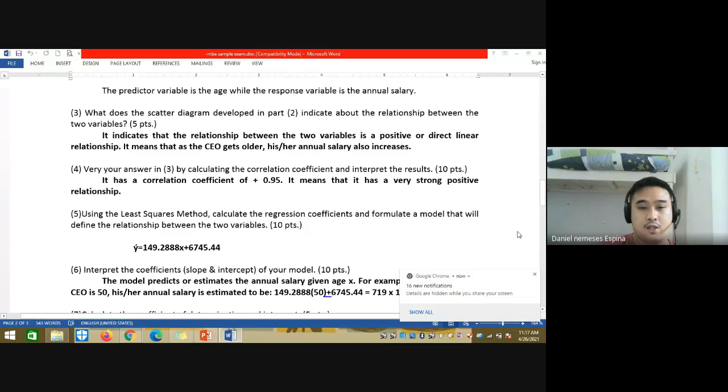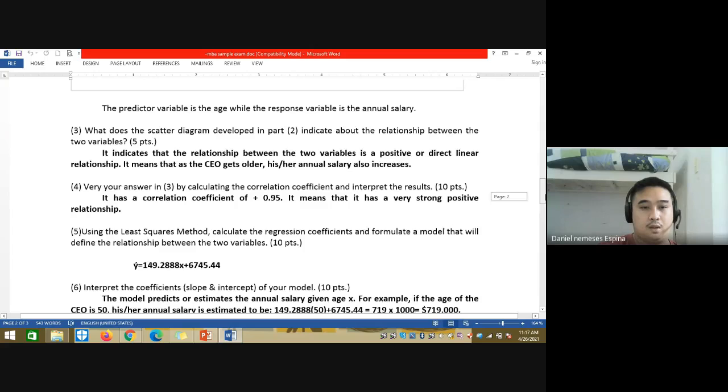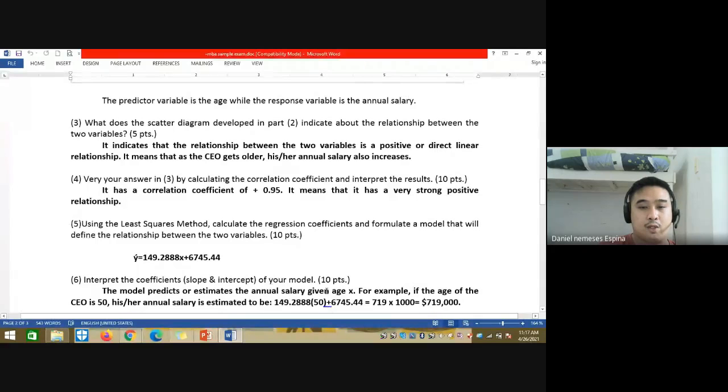So interpret the coefficients, the slope, and intercept of your model. So the model predicts or estimates the annual salary given with age.